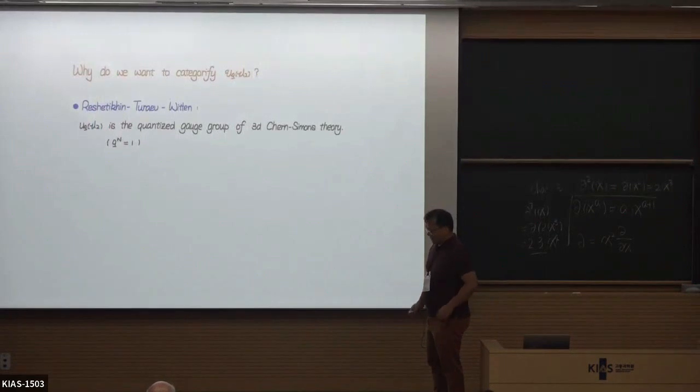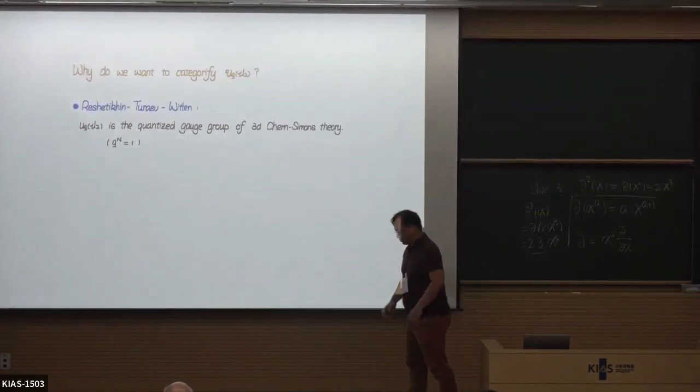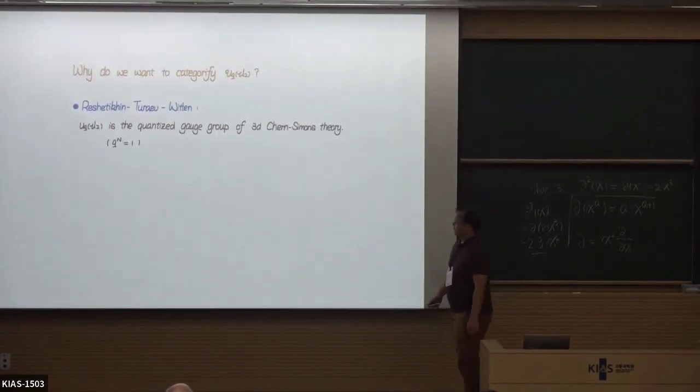So you impose gauge transformation conditions on your underlying three manifold, or three manifold with the link removed, and after this procedure of performing gauge theory, you come up with local state spaces that are acted upon by the quantum group.